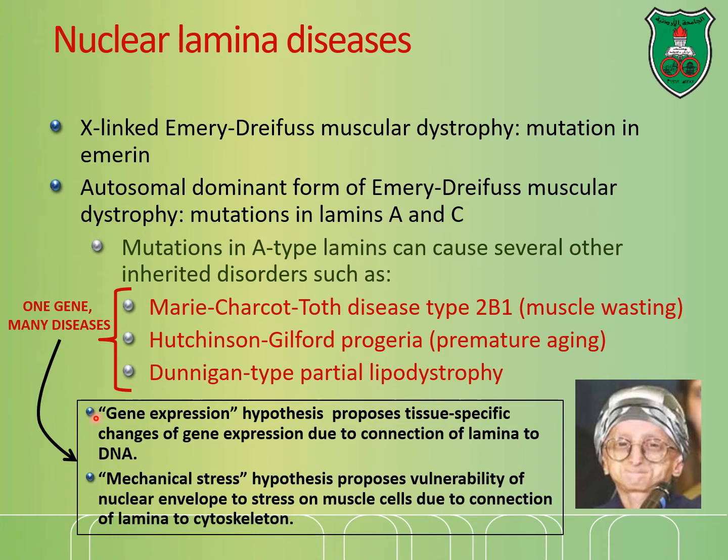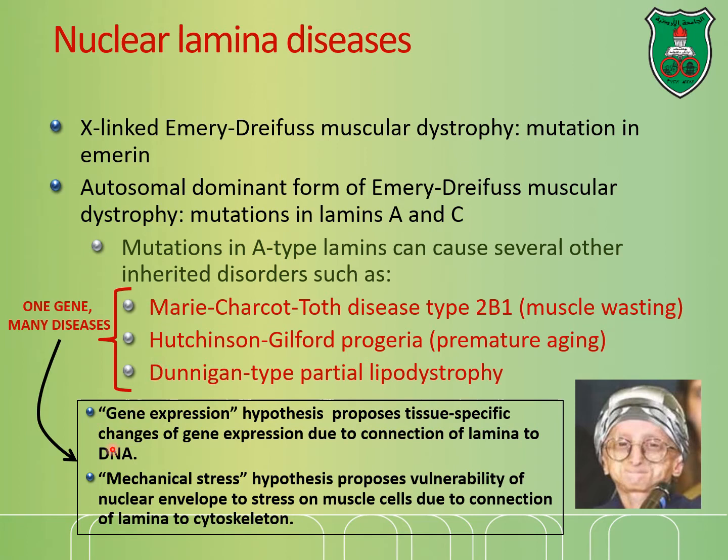So these mutations would cause activation of certain genes and inactivation of other genes, resulting, depending on the mutation, in abnormality in the expression of certain genes that would cause one disease or the other.